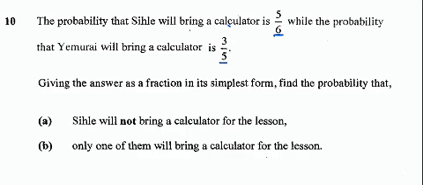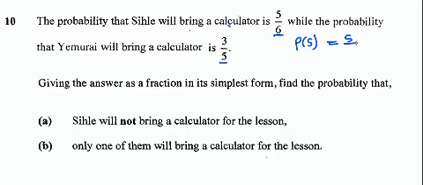This type of probability is simple in such a way that if you know the probability of bringing something, you can subtract to get the probability of not bringing something.